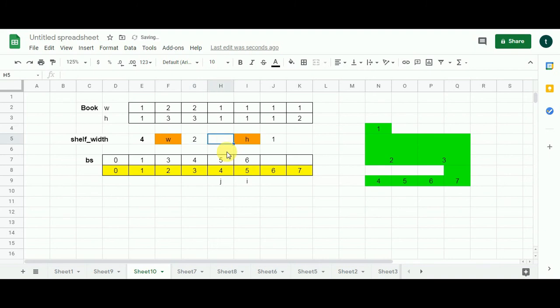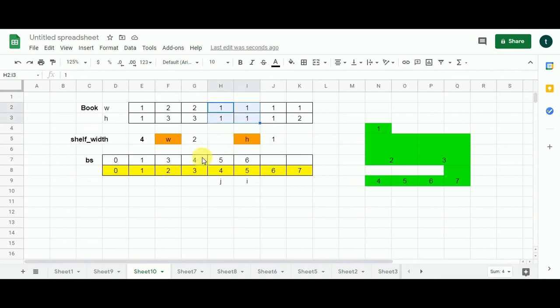Yes, 2 is less than 4, so there is a chance of putting these two books in a single shelf. Cool. The height 1 and 1 is going to give me 1. That means when we are putting these two books together, the height of the shelf will be 1. 1 added to this arrangement, the value stored in the cell just before J, because after this arrangement only we are thinking of creating one shelf in which we are thinking of putting these two books together.